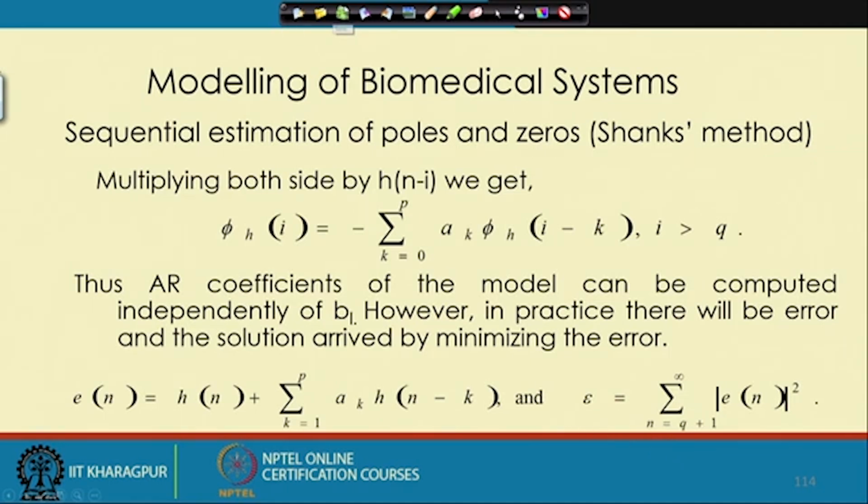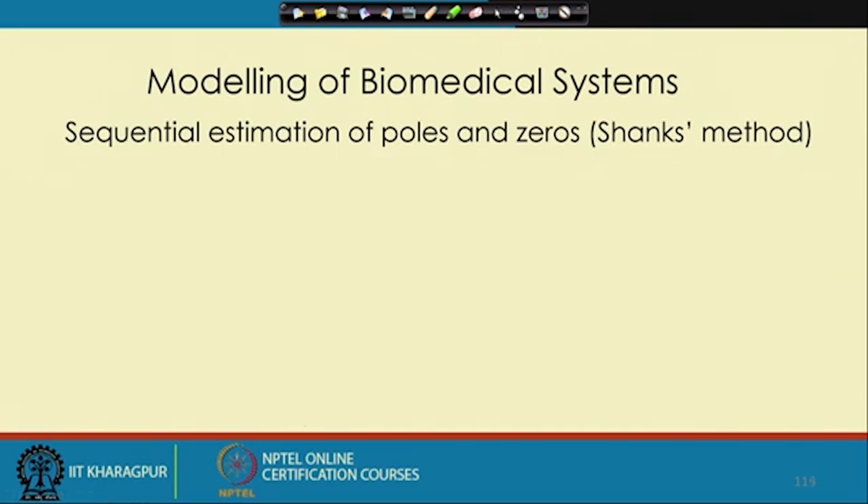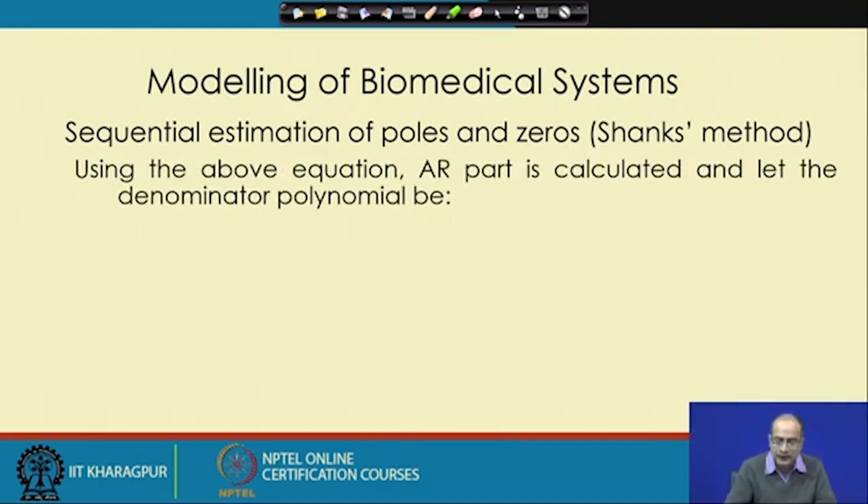We try to minimize that to find the best possible solution. Using that equation, first the AR coefficients are computed, and then we get the estimated values of AK, represented by AK tilde, and we compute the corresponding polynomial Az tilde.